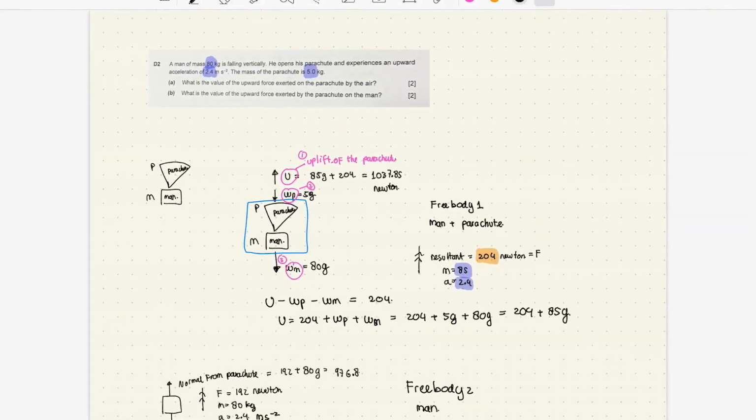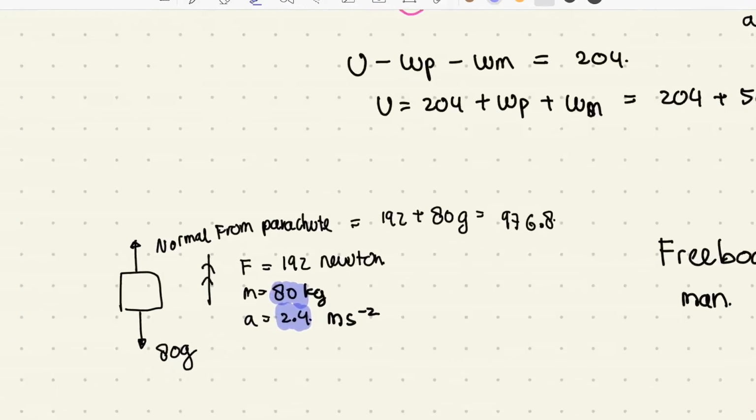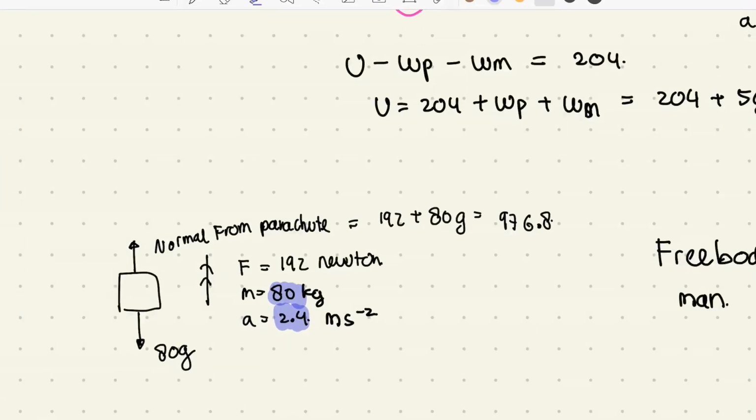How do we get it? From the question, right? The question they mentioned already. 80 and 2.4 is from the question, and if you use the calculator, you get 192 Newton, the resultant. So this is the resultant.